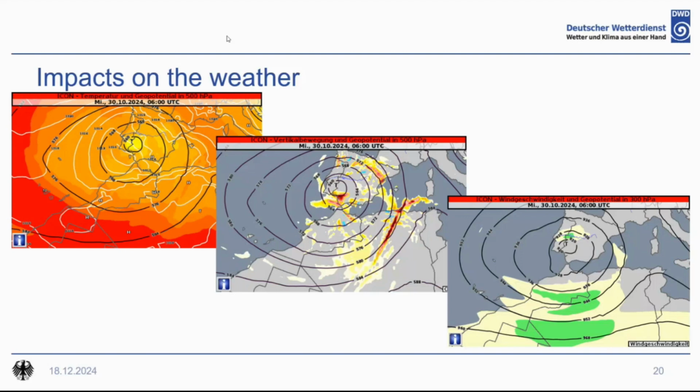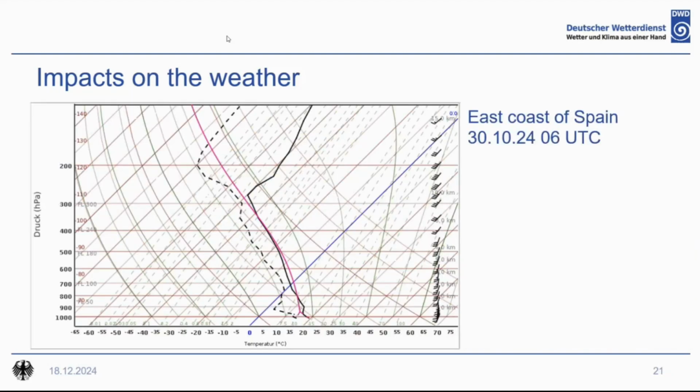We also have a sounding of our ICON model from the 30th at 6 UTC. You can see the development. The CAPE got reduced after convective events. The atmosphere gets less unstable because of warmer air in the high levels and colder air in the lower levels of the atmosphere.